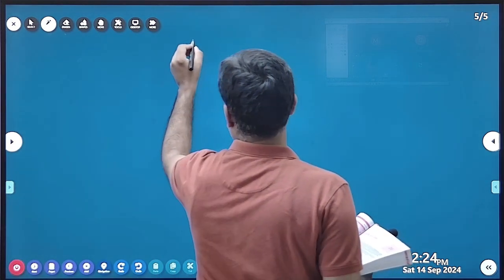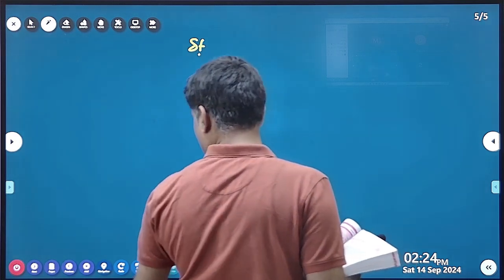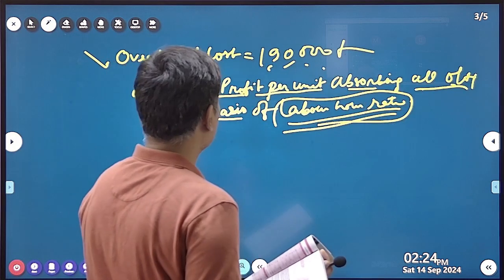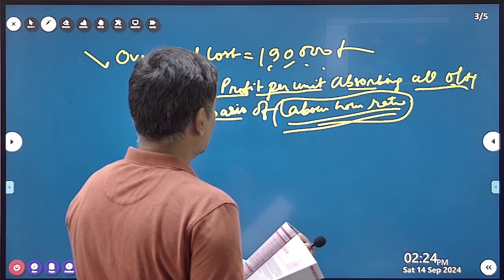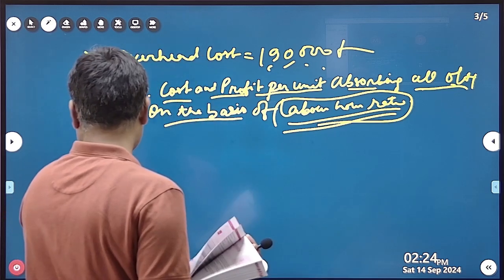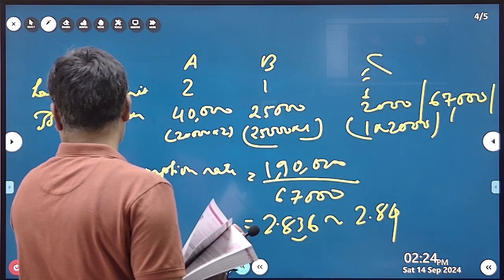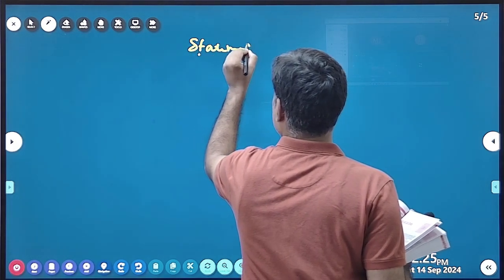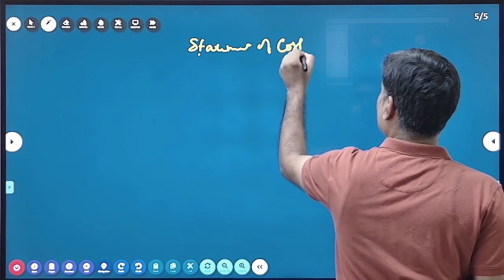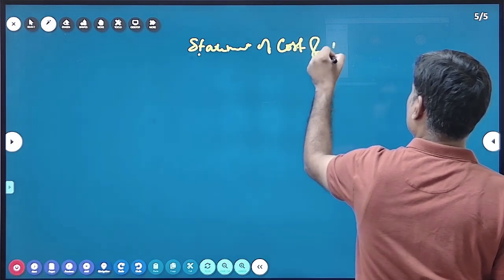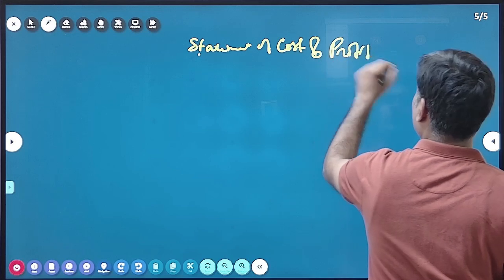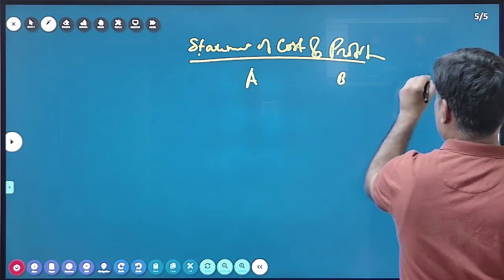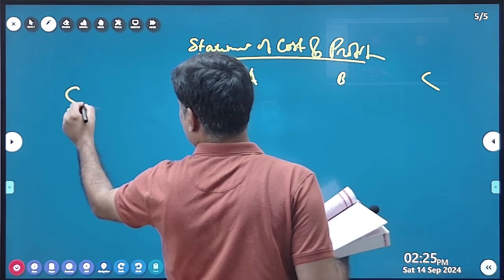Now we will prepare what we are required to find out. We are required to find out cost and profit per unit. Statement of cost and profit for A, B, C. What is the selling price?